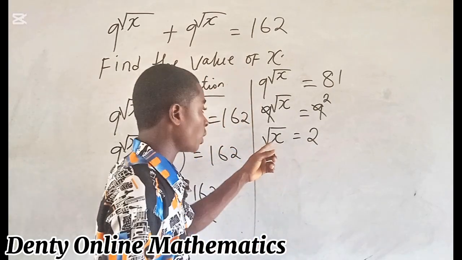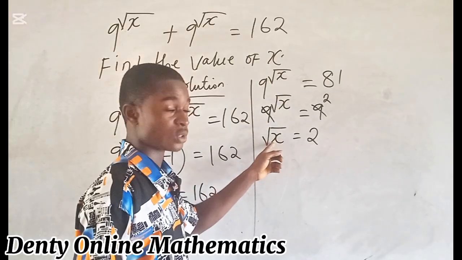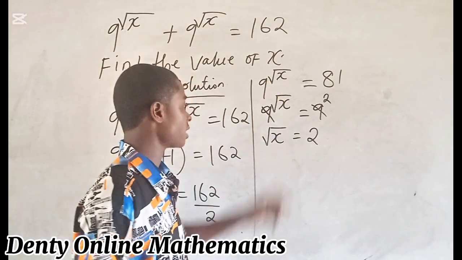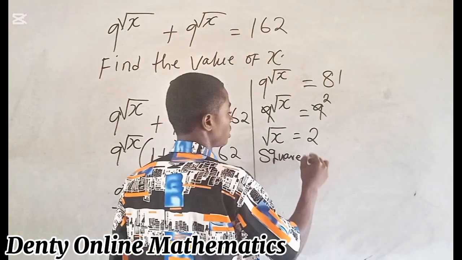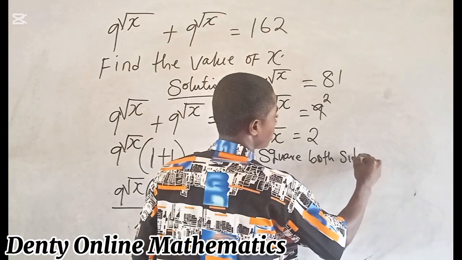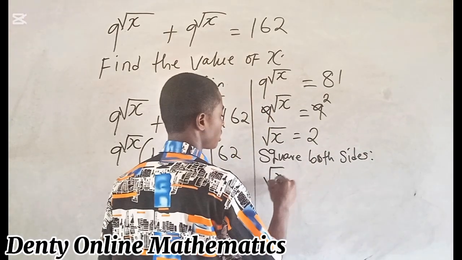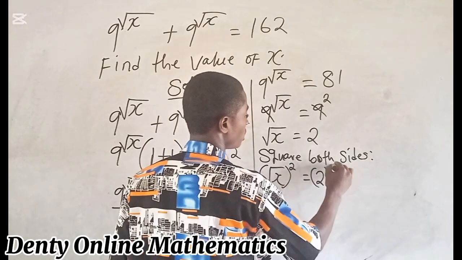Now I'm not looking for the value of the square root of x, I'm looking for the value of x. So to have the value of x, I'll have to do what? Square both sides. So in order to square both sides, root x will be squared, equal to 2 also squared.